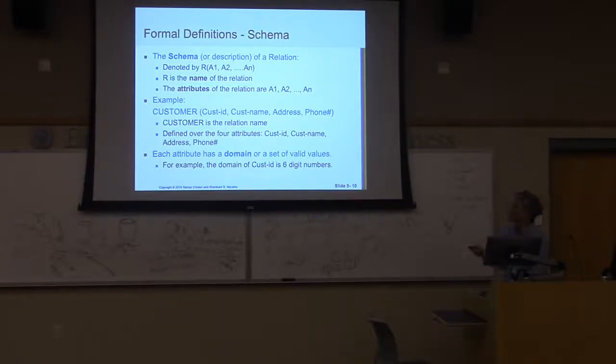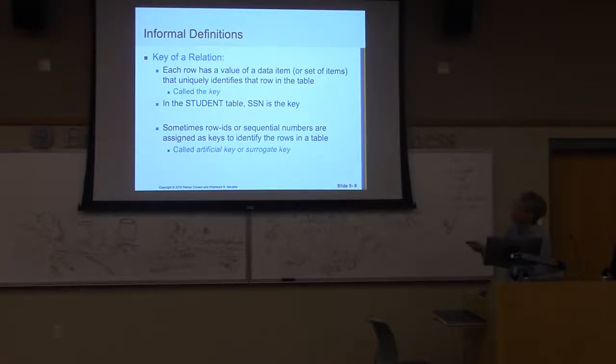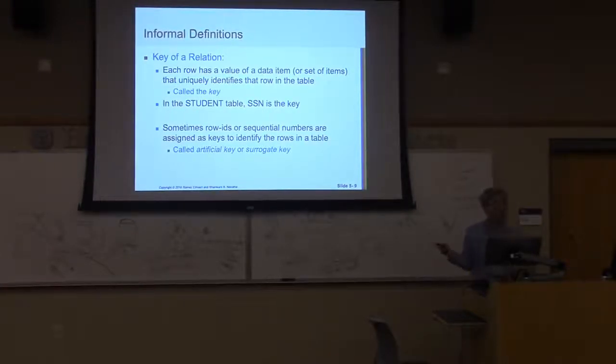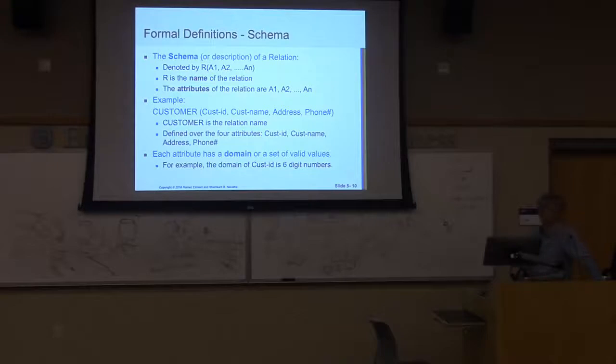If this key was not in the data, but intentionally you create the customer ID, that is called an artificial key or surrogate key. A lot of times we need such artificial keys. I will explain later why we need them, and what the benefits and disadvantages are.